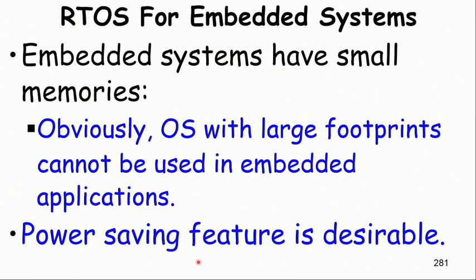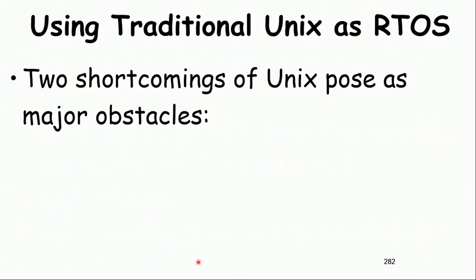The operating system should take responsibility to save power, that is, run the processor in low frequency mode when the load is not high, switch off parts of the processor and so on, and that is how to conserve the power.